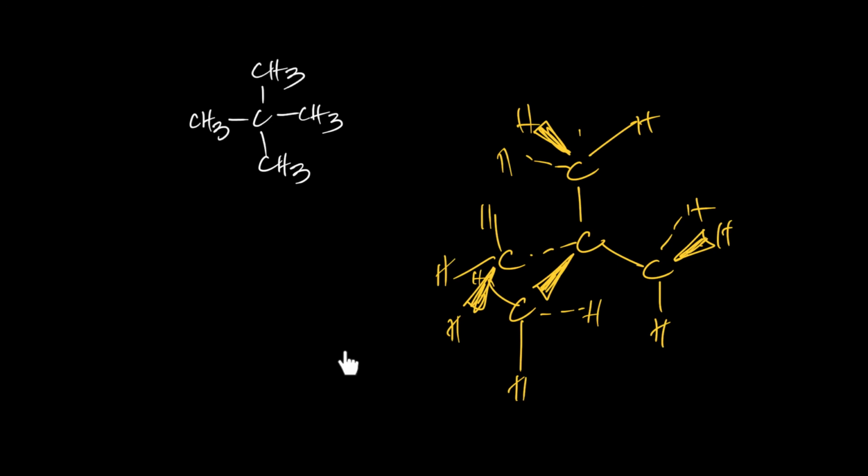Understanding bonding and shapes, especially tetrahedral, which is all over the place, makes you realize that attacking this internal fellow right here is hard to access. The outside ones can, but the inside one will be very difficult. So understanding that is important. That's why bonding and shapes is important to understand organic chemistry mechanisms.